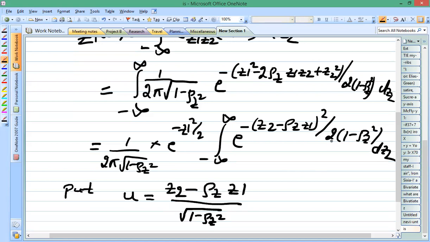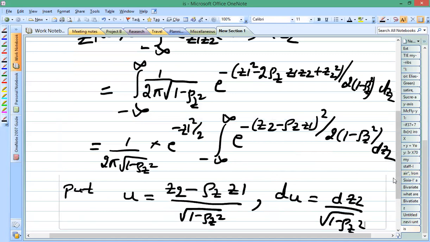We are not considering the 2, that we need to keep in mind. If you differentiate on both sides with respect to du and dz2, it results in du is equal to dz2 divided by square root of (1 minus rho z square). The differentiation of the other term will be 0, since we are differentiating with respect to z2, so we get only this term.